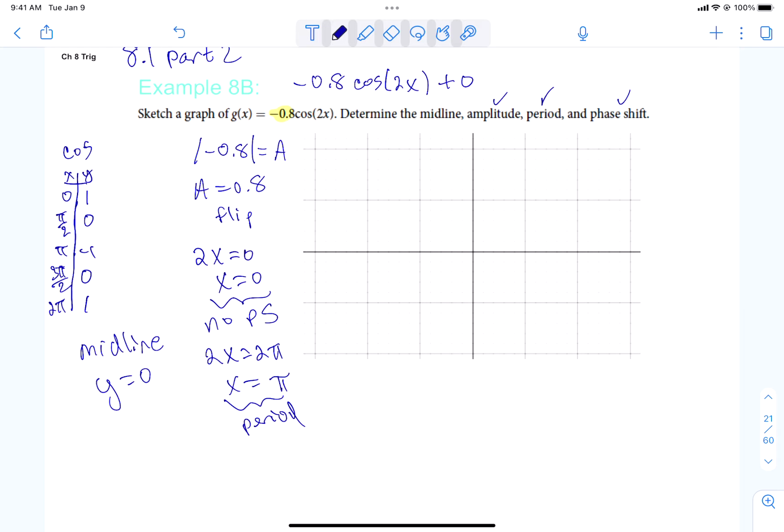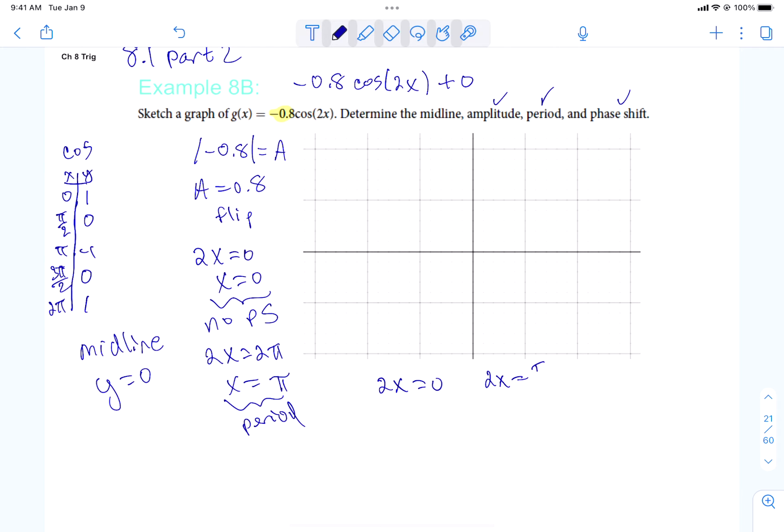So now let's figure out what x's we need. Now remember, you set the inside parentheses equal to your 5 good ones. So where will 2x equal 0? Where will 2x equal pi over 2? Where will 2x equal pi? Where will 2x equal 3 pi over 2? I didn't give myself enough room. And where will 2x equal 2 pi?